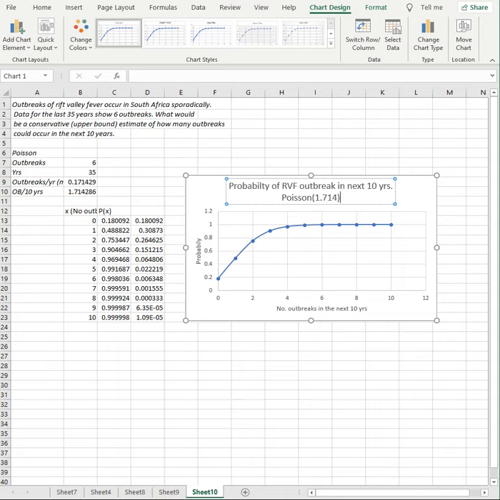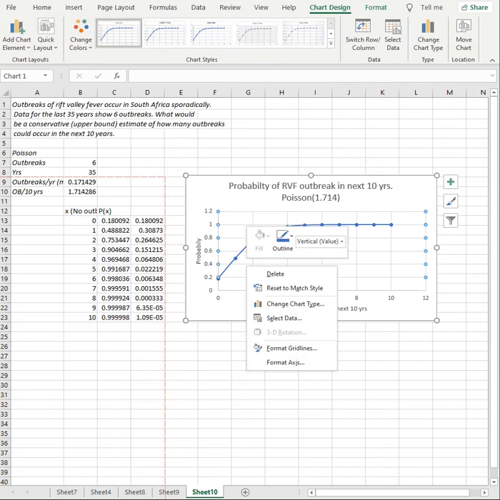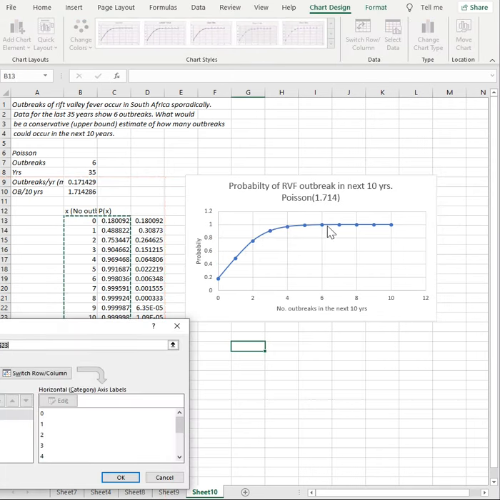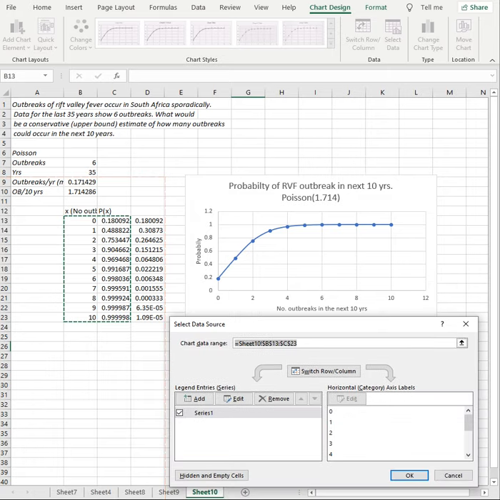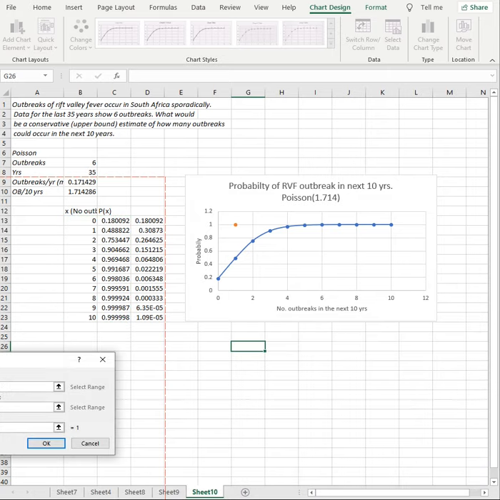You could go on. Okay. Cool. And if we wanted to chuck these other ones on as well, that can make it look a bit more appealing.